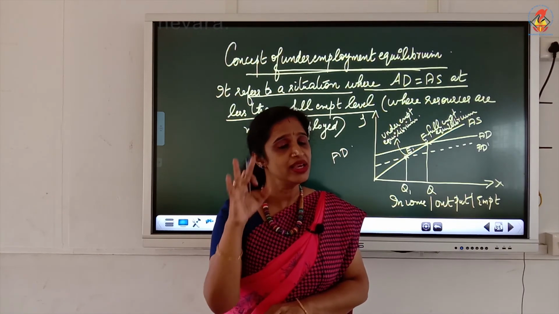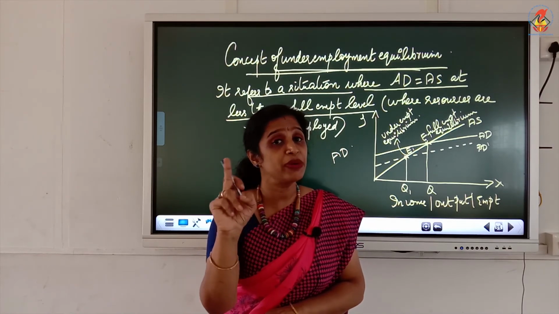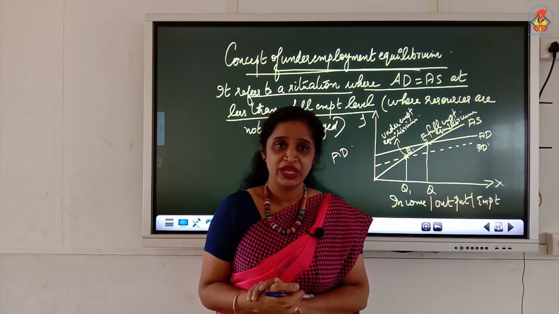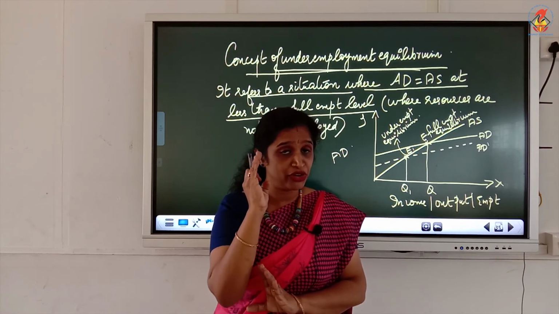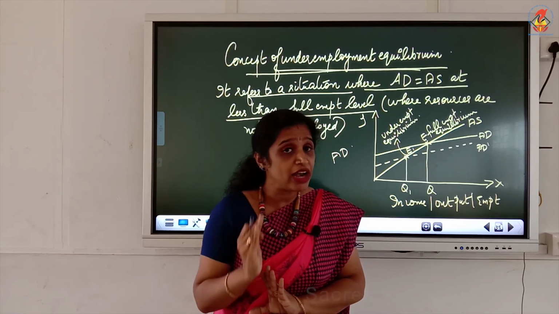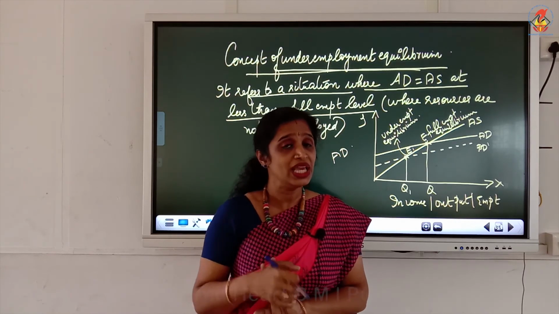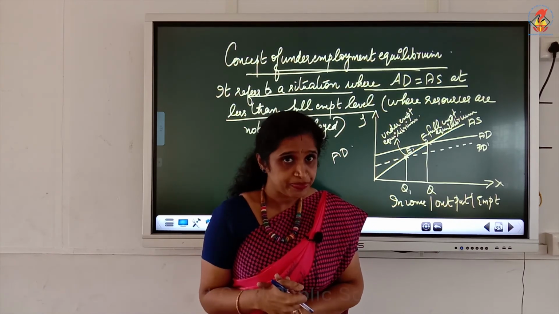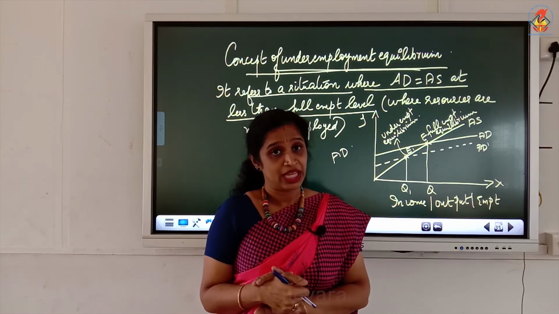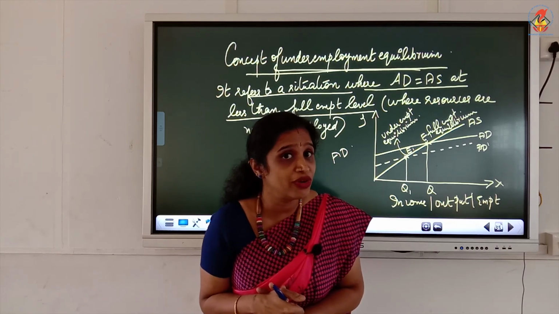So here an equilibrium is there where AD is equal to AS, but it cannot happen at full employment level. It can happen only at less than full employment level. I make it clear once again: AD and AS equalizing at less than full employment level is known as underemployment equilibrium. Here also AD and AS are equalized, but at a point where resources are not fully utilized.